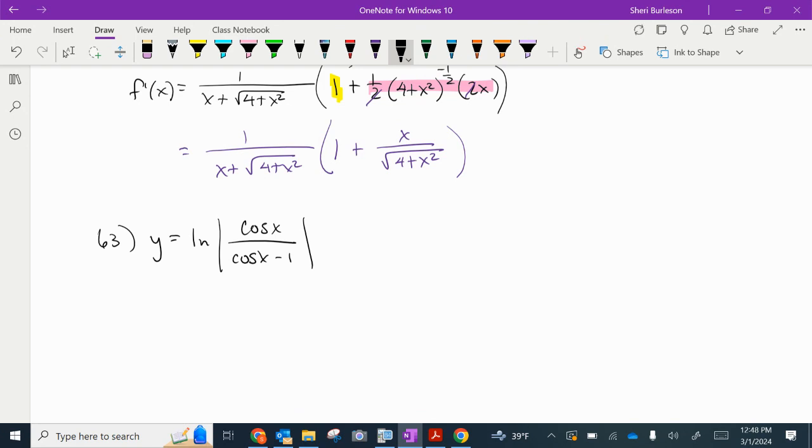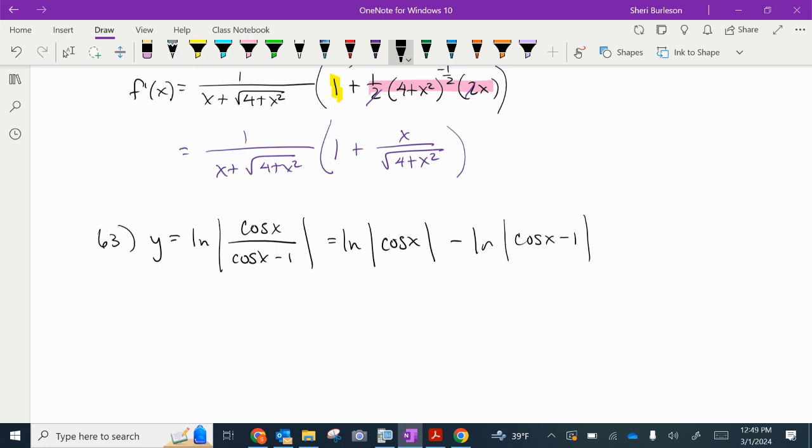Remember, the derivative of the natural log of an absolute value loses the absolute value, right? So that shouldn't bother me, but I am going to use properties of natural logs to make this easier.